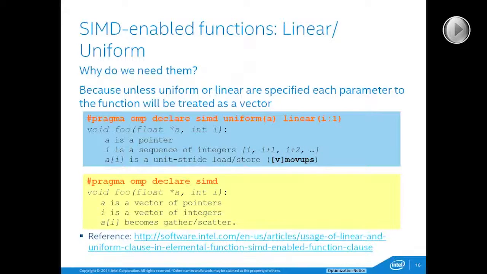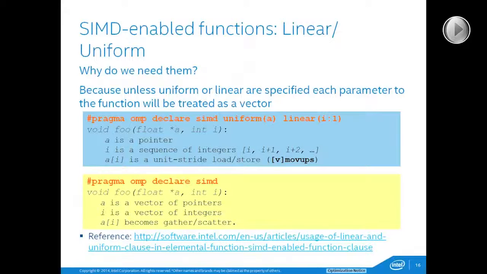Let's sit back and look at that. Is that the way you want the compiler to do it? Does it make sense to pass an array of float pointers in this scenario? Is that the intended behavior?